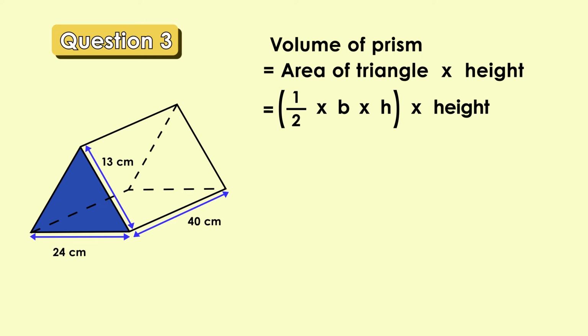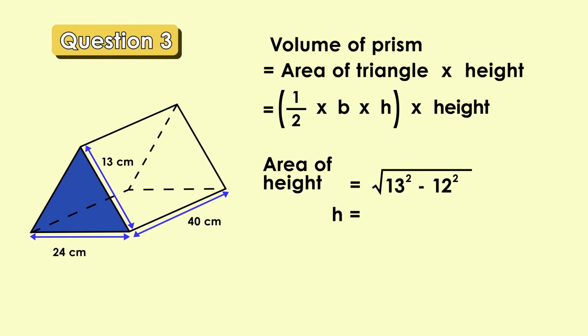Observe the diagram carefully. How do we find the height of the triangle? Well done! We can use the Pythagoras theorem to find the height of the triangle. It is the square root of 13 squared minus 12 squared. The height of the triangle is 5 centimeters.